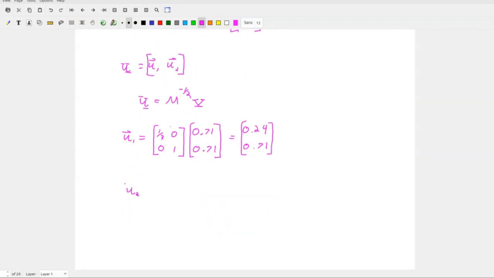And U2 vector is equal to 1/3 0, 0, 1, times negative 1, 1, which is equal to negative 0.24, 0.71. That's supposed to be negative 0.71, 0.71.